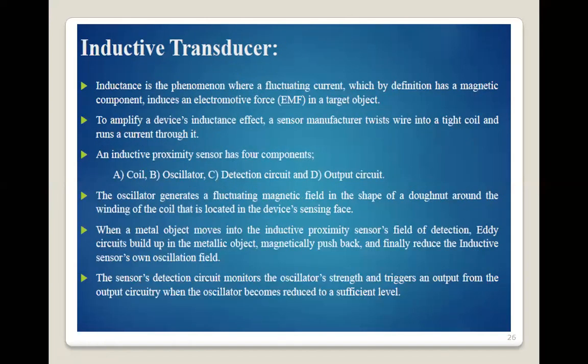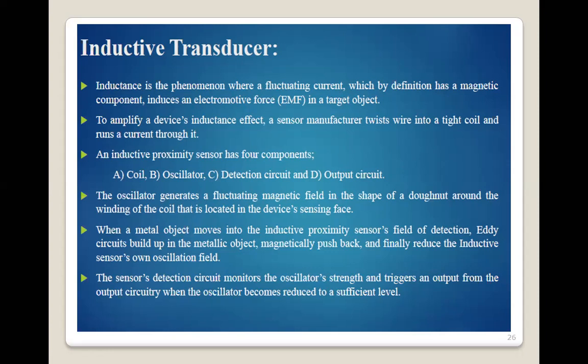Now, first one is the inductive transducer. Inductance is a phenomenon where a fluctuating current or AC current, which by definition has a magnetic component, induces an electromotive force, that means EMF, in a target object.